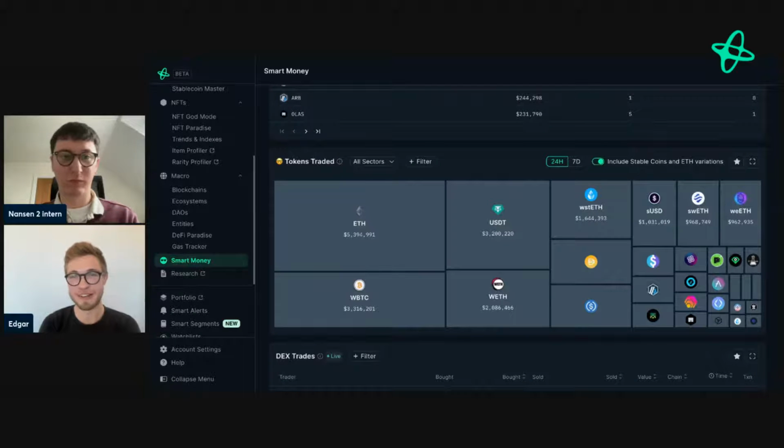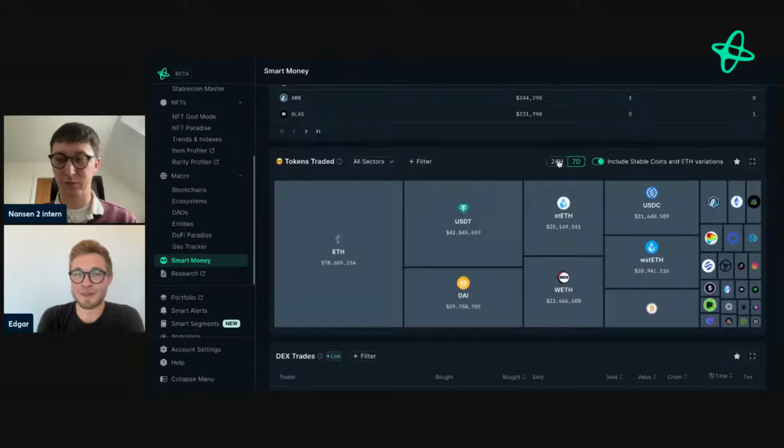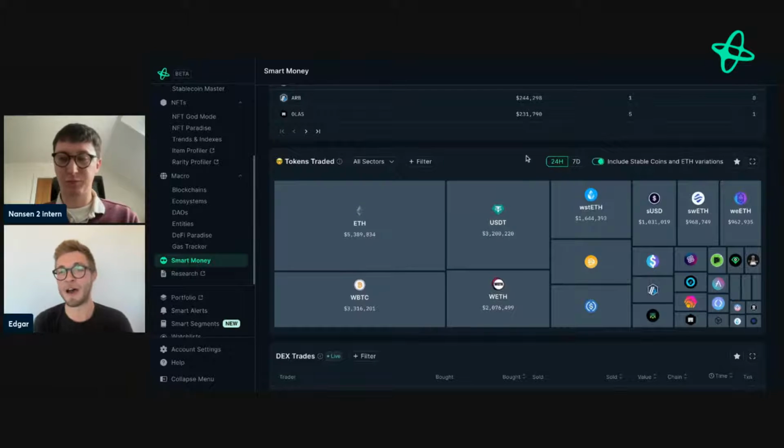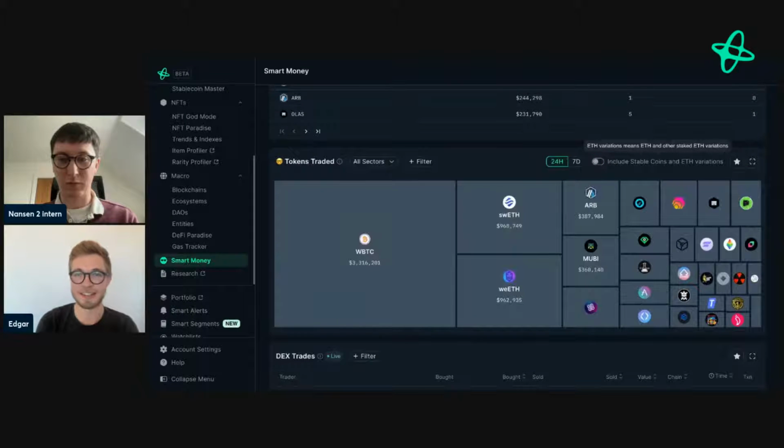For example, you can see the top tokens traded on a 24-hour or 7-day view, which in the default view gives you a lot of the big ETH, stablecoins, etc. You can now untoggle the stablecoin and ETH variations, so it already starts getting slightly more interesting.